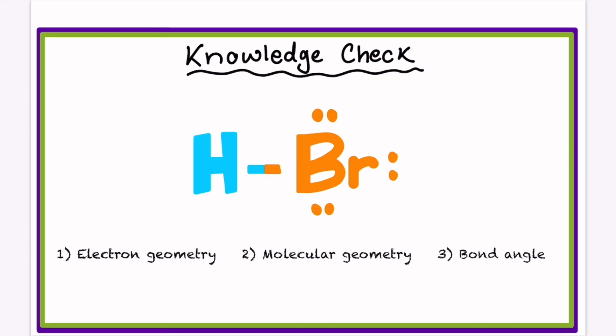So, the electron geometry is tetrahedral. If we ignore the lone pairs, then you can see that this molecule clearly looks like a straight line, so its molecular geometry is linear, with a bond angle of 180 degrees.